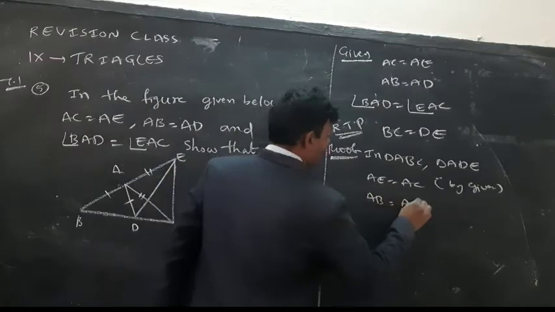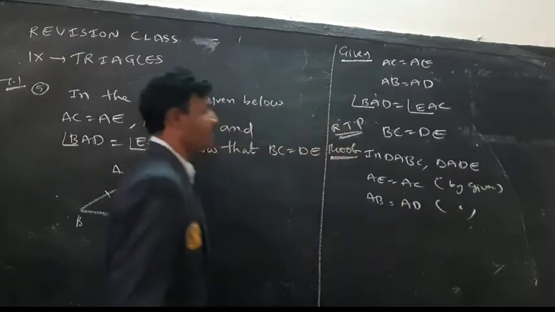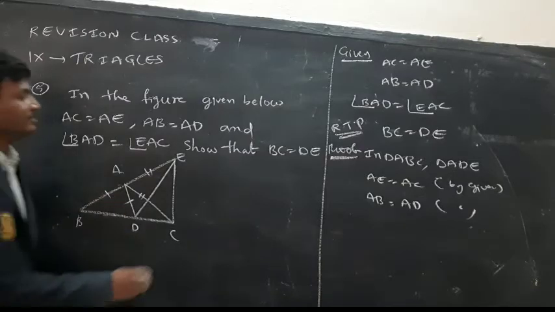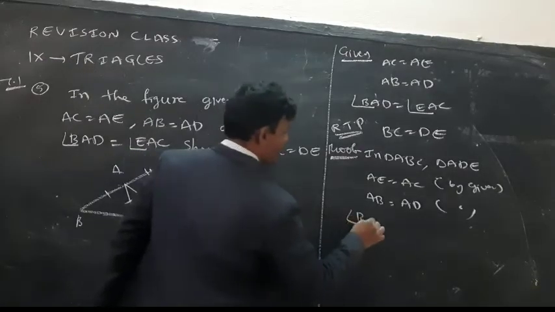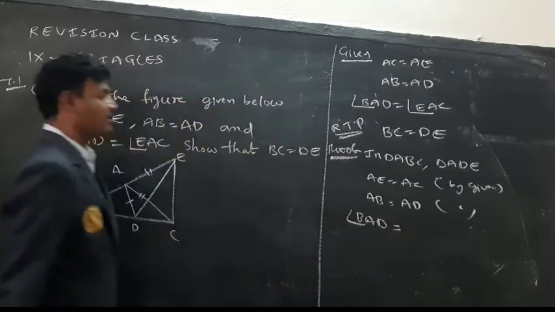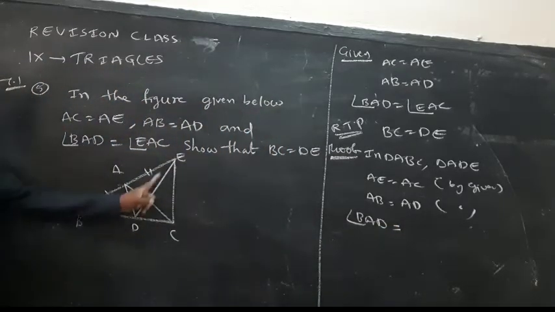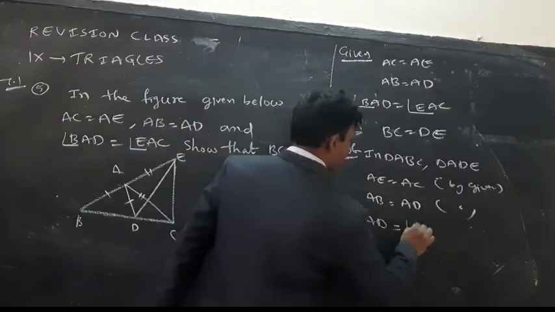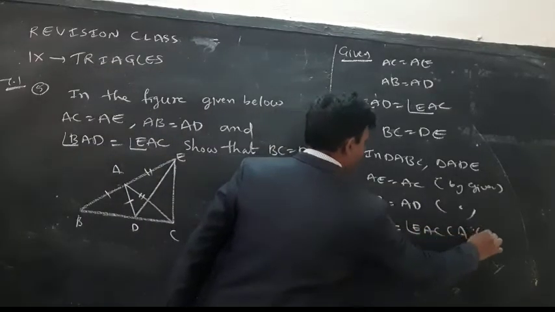AB is equal to AD from the given. Next, angle BAD is equal to angle EAC. So here the angles are equal.